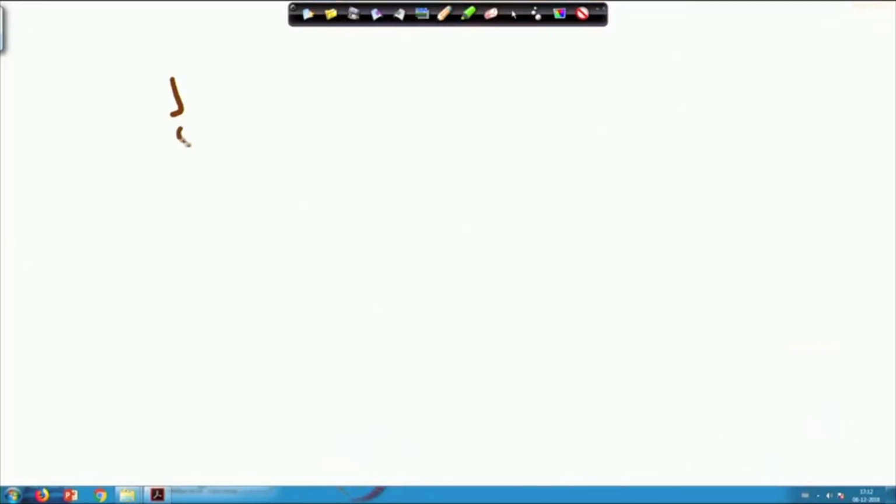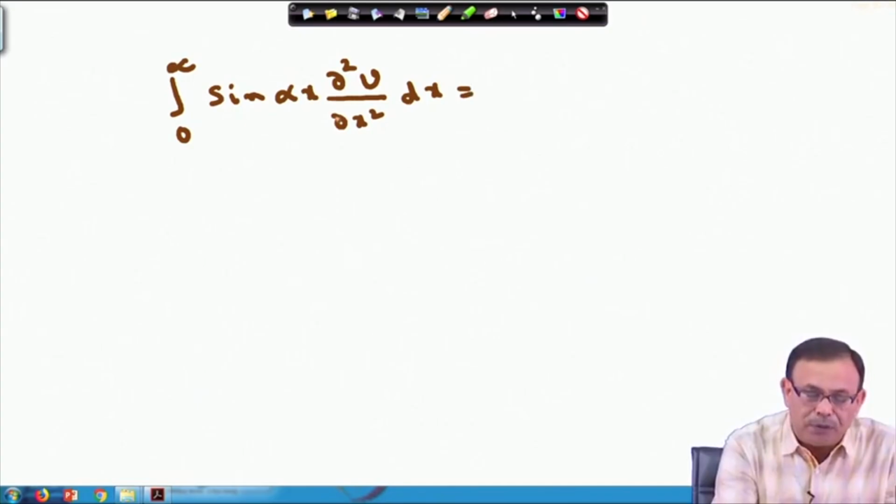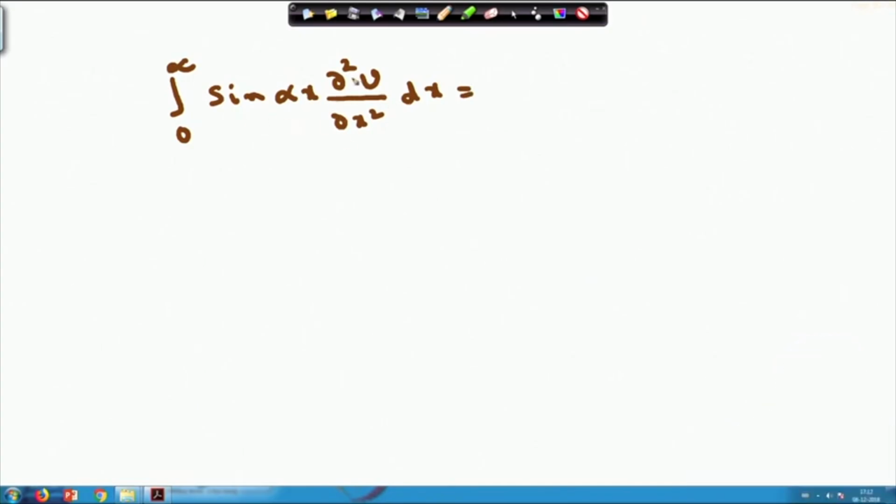You have the integral from 0 to infinity of sin alpha x into del 2 v del x square dx. I am not taking root over 2 by pi or 1 by root 2 pi, that factor. Usually, if I omit that, then the Fourier sine transform of the function del 2 v del x square is this integral.